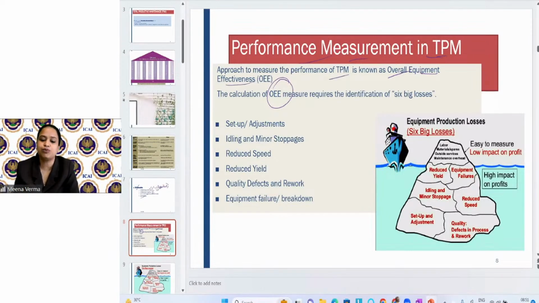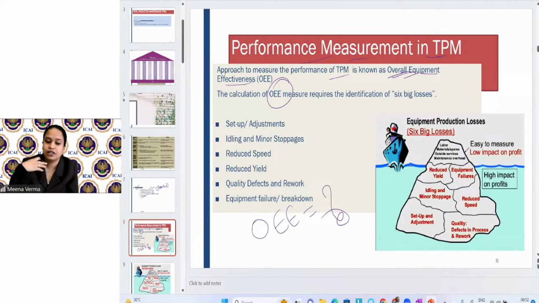This is very important, and we actually calculate this in the organization: how effectively the equipment is working. And let me tell you, 100% operating efficiency is not possible to achieve for any organization anywhere in the world.